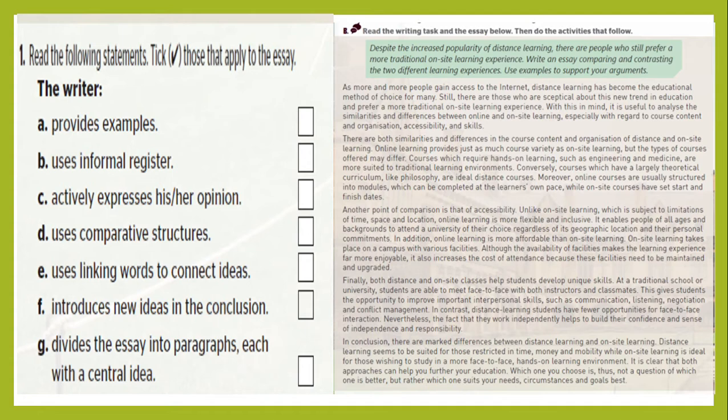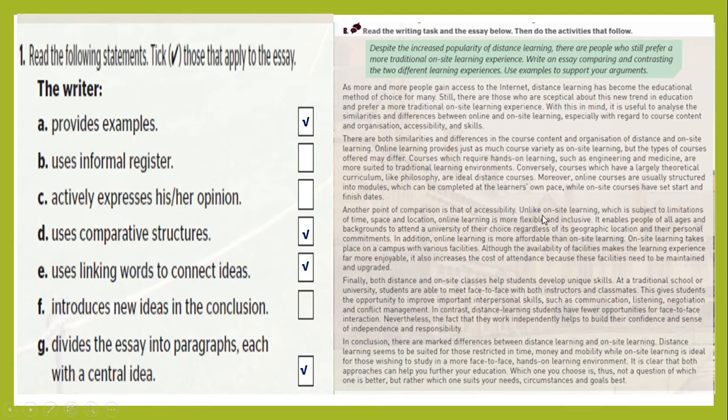Now, let's check our answers. The writer provides examples, sure. Then, he uses comparative structures, and we will check this now. Then, he uses linking words to connect ideas. And divided the essay into paragraphs.